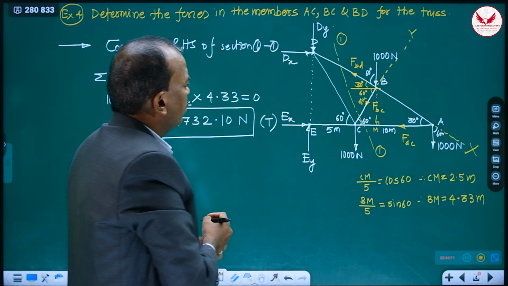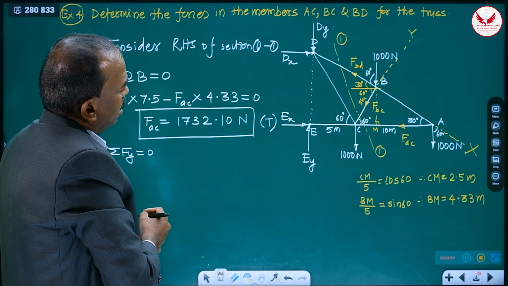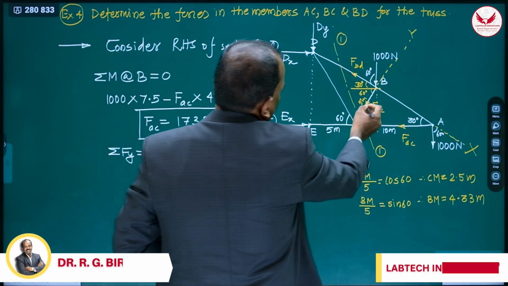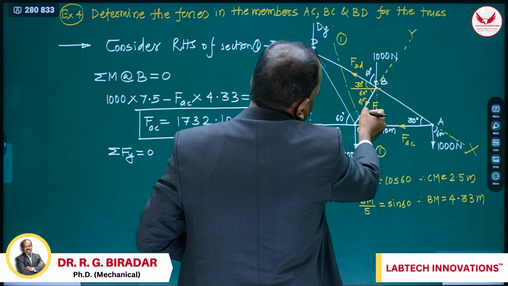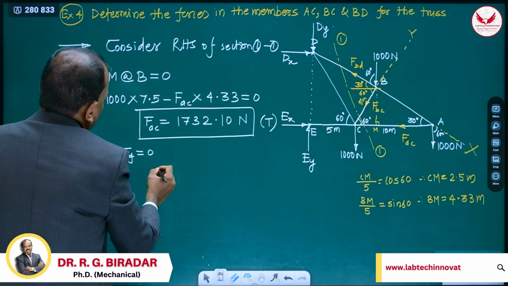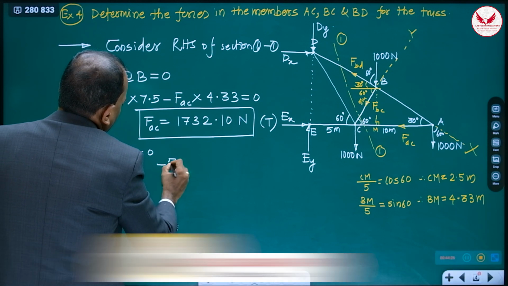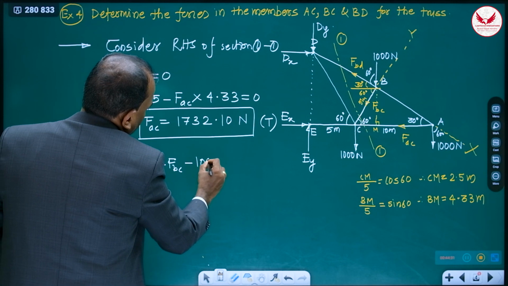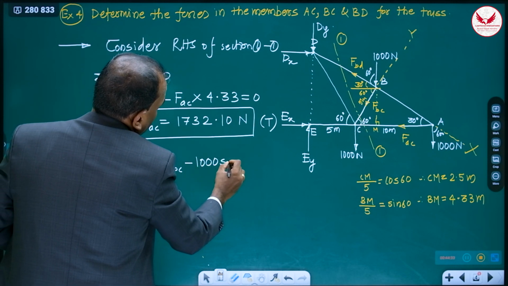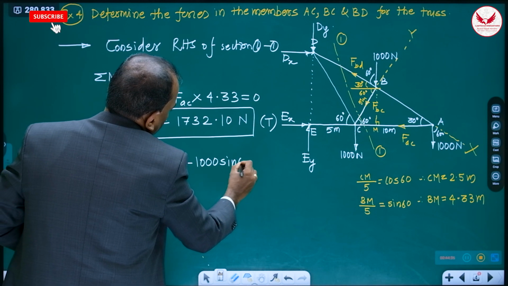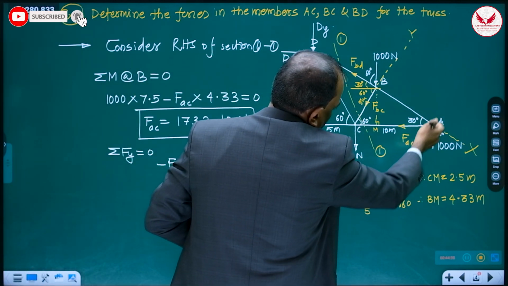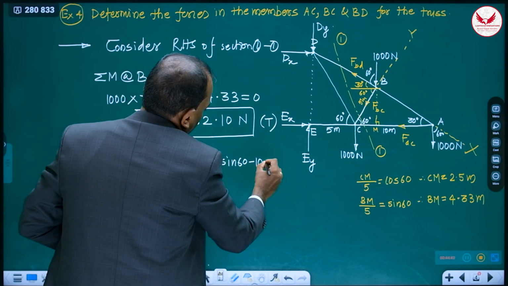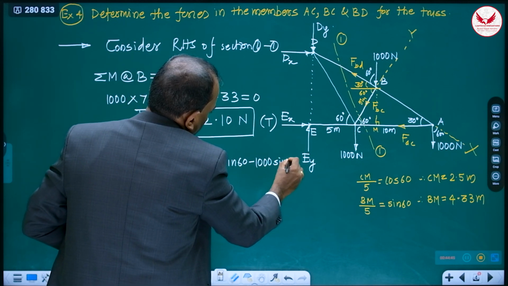For summation Fy, it is going to be along the y-axis, means minus FBC minus 1000 sin 60, its component along the y-axis, minus 1000 sin 60.